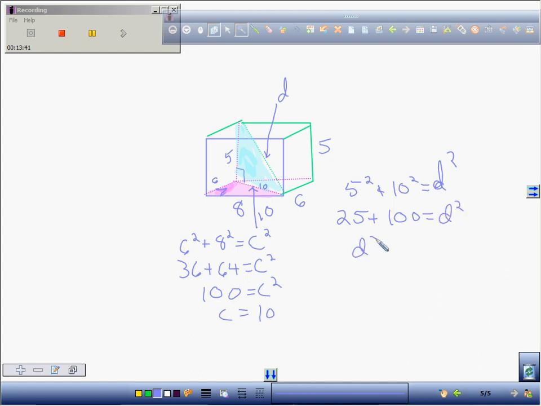And D squared equals 125. And D is equal to the square root of 125, which is about 11.2 or something.